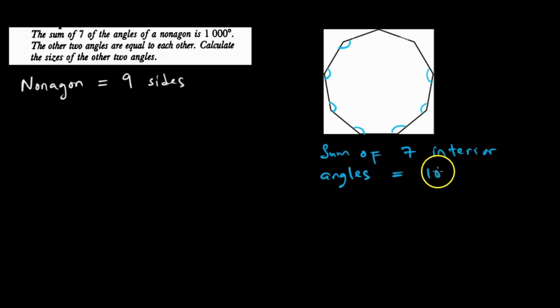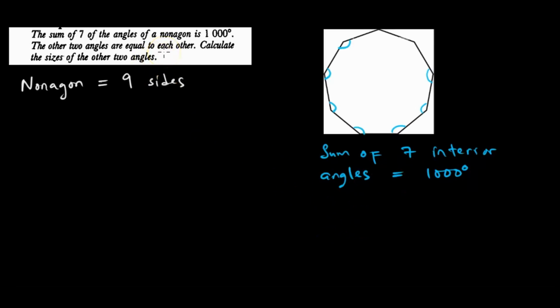So here we have 7 interior angles: 1, 2, 3, 4, 5, 6, 7. When we add them, they give us 1000 degrees. So the sum of 7 interior angles is equal to 1000 degrees.